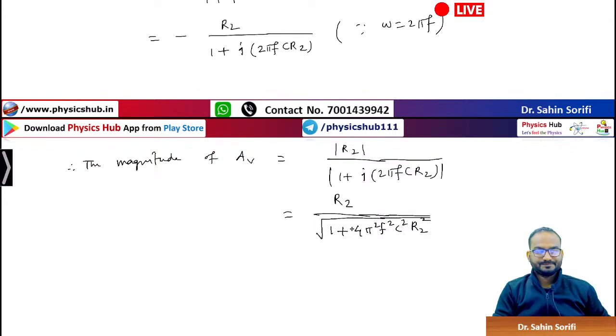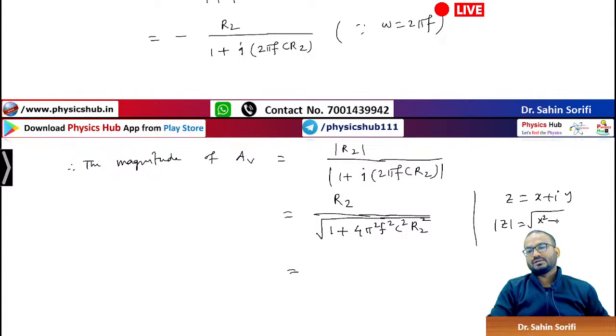Can you write it? Here we have used, let's say you have a complex quantity z equal to x plus iy. What is the modulus of z? Root over x square plus y square. Same thing. Okay. j is square root of minus 1. j is i here.